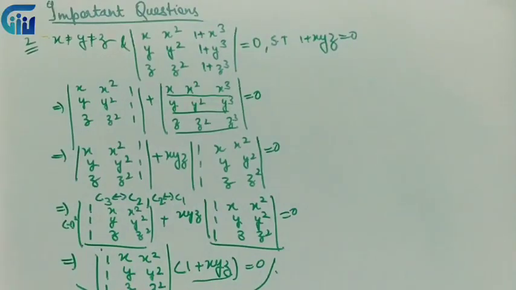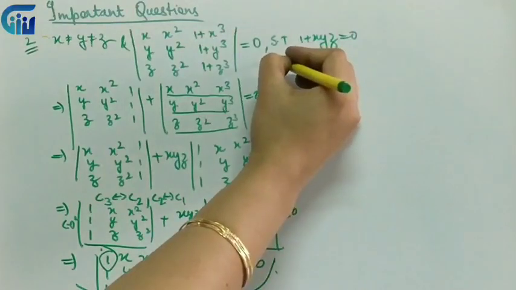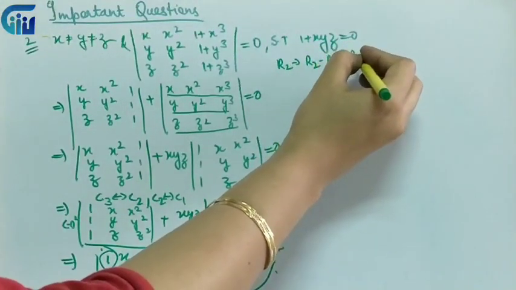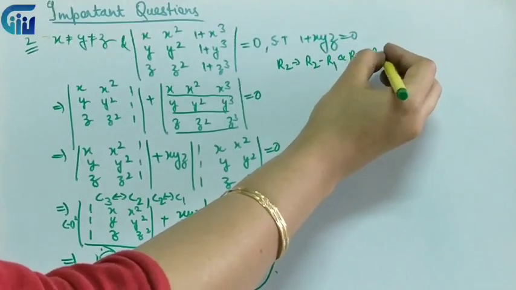Now what do we observe? We have all the elements 1 along column 1. So I can definitely make two zeros over here. Again, we will keep the same. This element I will fix and the rest of the two I will make 0. So what operation do we generally apply? I will write R2 becomes R2 minus R1 and R3 becomes R3 minus R1.